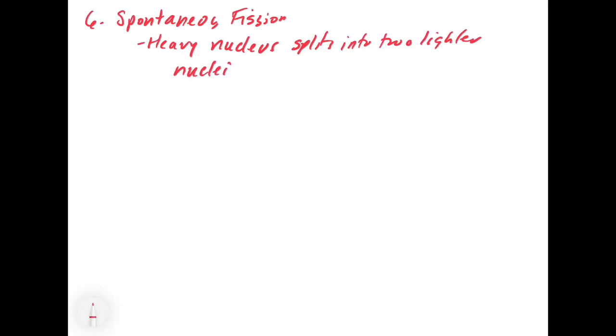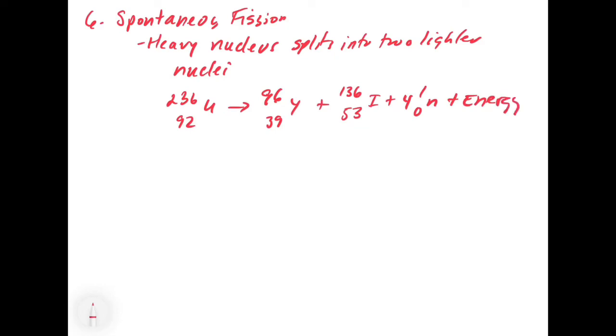So, for example, uranium-236 can break apart and can just rip apart the nucleus into two smaller pieces, where we get 96 over 39 ytterbium plus 136 over 53 iodine plus 4 neutrons plus some energy, meaning some small amount of mass in all of this is converted into energy.